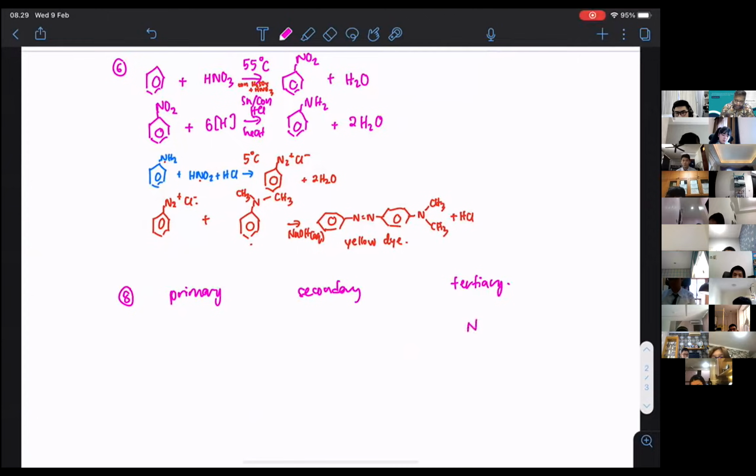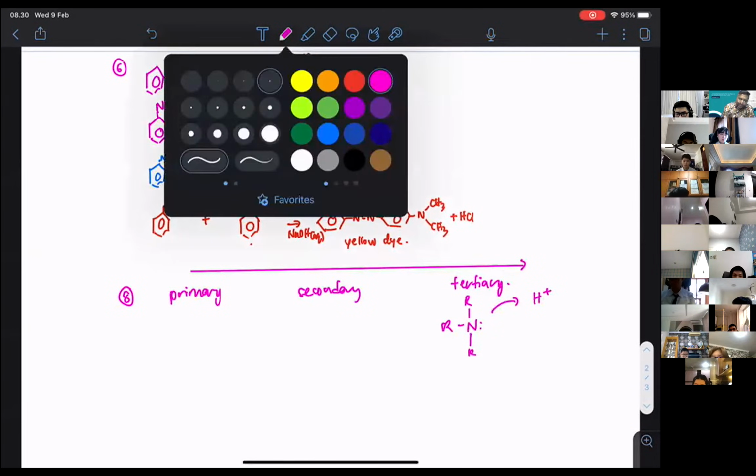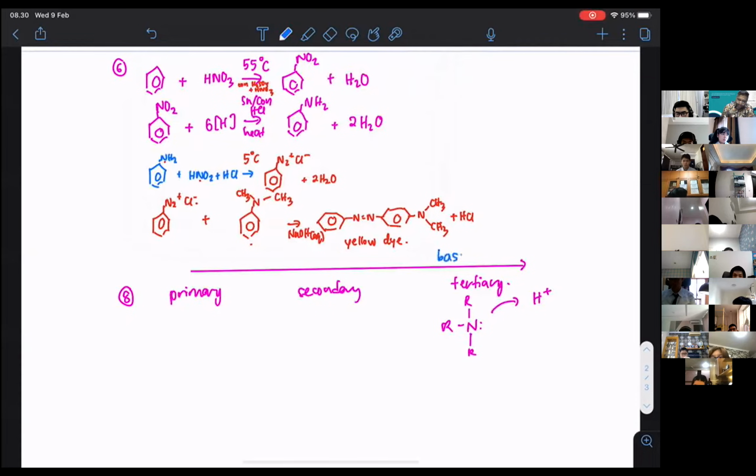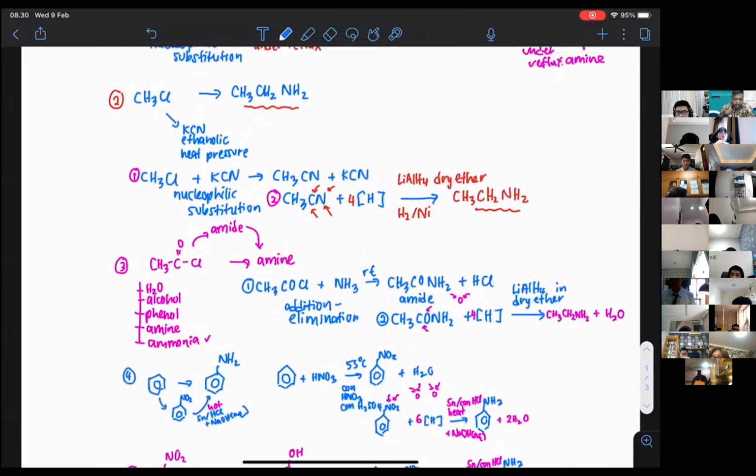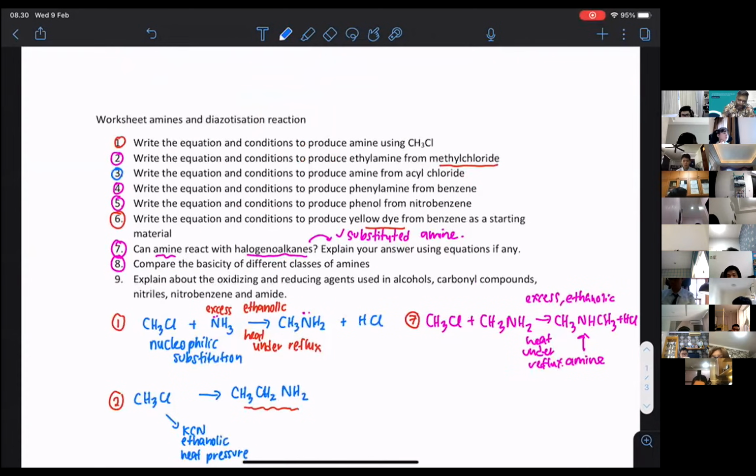So if I have a lone pair over here and 3 R groups, that lone pair will be more available for bonding with a proton. So it is going to accept a proton better. So if I go from here to here, my basicity increases. Why? Because more R groups means more electron donating groups. So you can explain that, and that is question number 8.